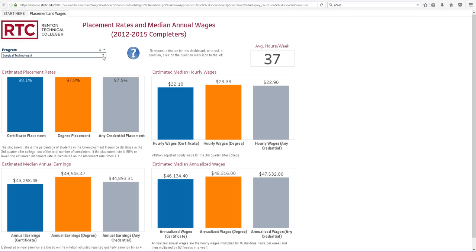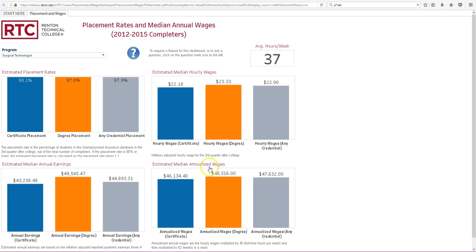Right now this is filtered for surgical technologists. You can see the placement rates here, the estimated placement rates, and then there are 3 different wage pieces of data. The first one is the median hourly wages that are reported. Then you also have median annual earnings. This is based on quarterly earnings that we receive and then multiply by 4 to get the annual earnings estimate.